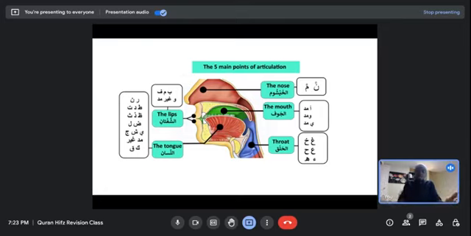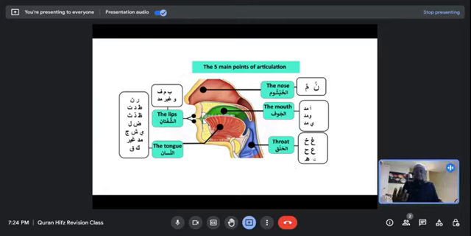But this is something we have to learn, breaking it down piece by piece, and if you want to learn it perfectly, you have to have someone listen to you. It might not necessarily be me, but you need to know these things and work toward them, inshallah. So the a and the ha come out from the same point in the halq.